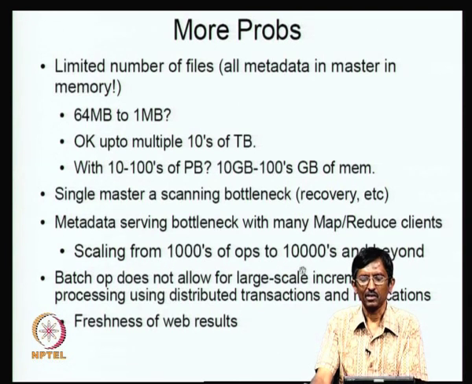The early generation of GFS would do thousands of operations, but people want at least 1 or 2 orders of magnitude higher, so having a single master is a problem. Having shadow masters, as was designed earlier, is of some help. But as we discussed before, the shadow masters are slightly behind with respect to updates of the master.